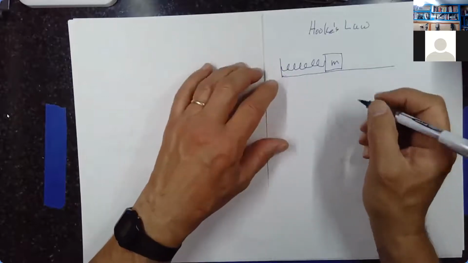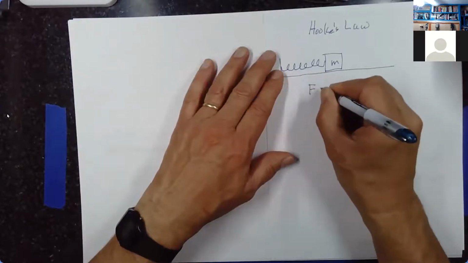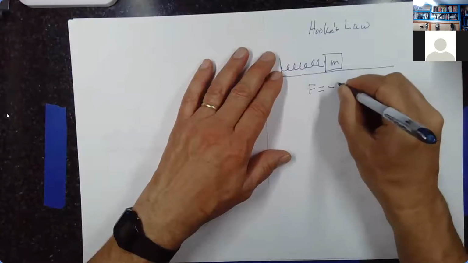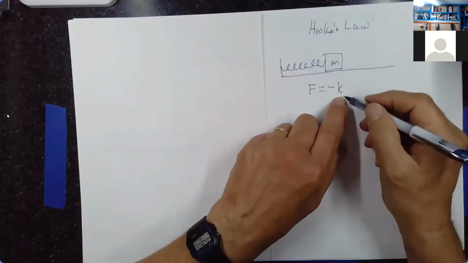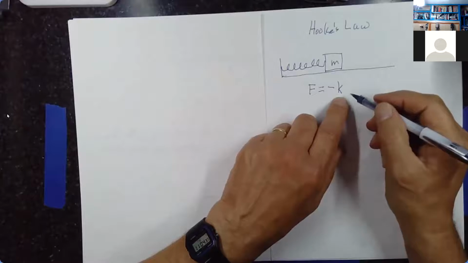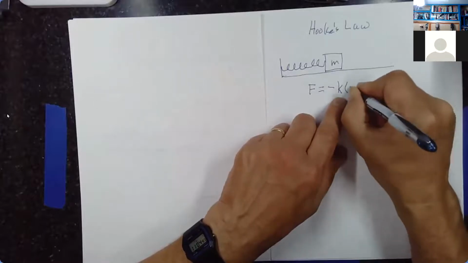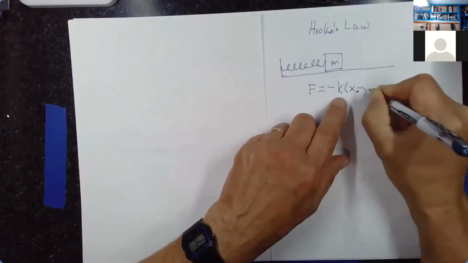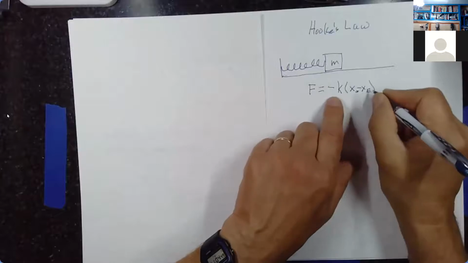And Hooke found that the force exerted by a spring in that case is the negative of a proportionality constant that depends on the spring that you're dealing with times the amount of stretch that you give it, which would be x minus, whoops, it's supposed to be minus x sub e, where x sub e is its equilibrium length.